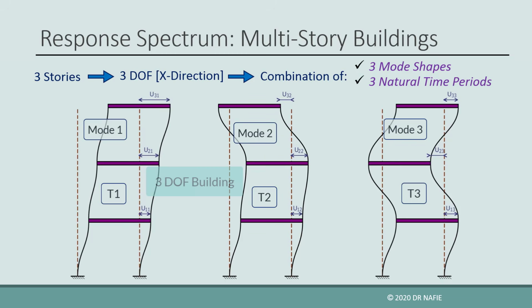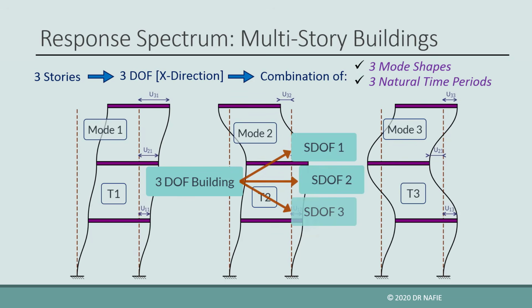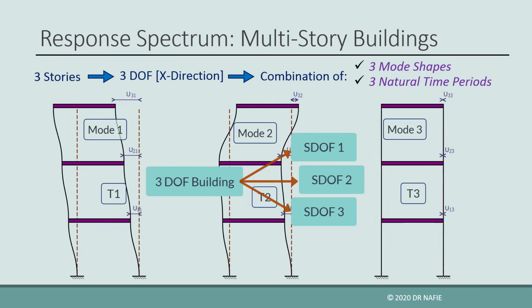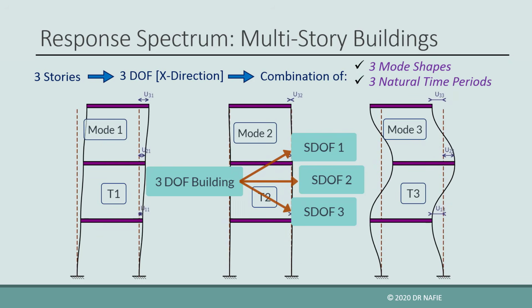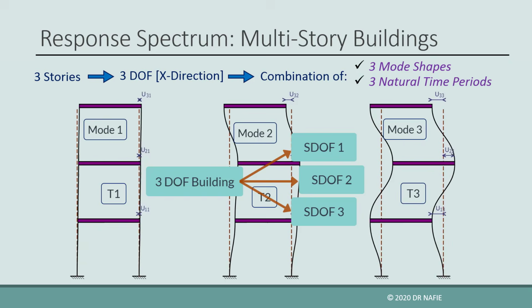For the 3 stories building, the free vibration motion in the x direction can be represented as a combination of 3 single degree of freedom systems. Each of these systems vibrate in a definite shape called a mode shape, and each system has its own natural time period.